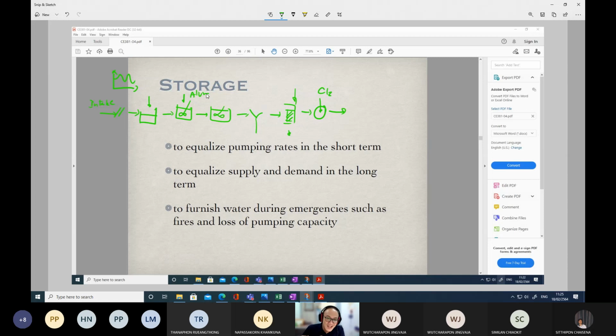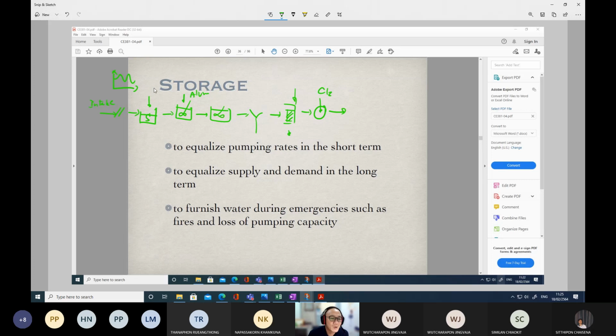So if there is a wide variation, we will experience difficulties in maintaining the optimum alum dose. So in order to avoid that effect, what we can do is install the storage.